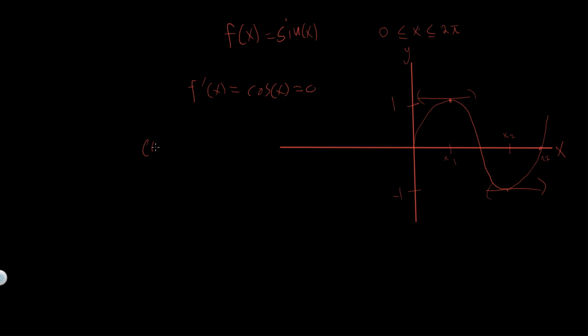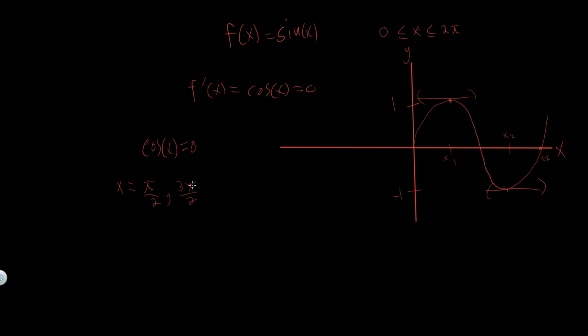Now let's figure out when cosine of x is equal to 0 in the domain 0 to 2 pi. Well, cosine of x is equal to 0 at x equals pi over 2 and 3 pi over 2, right?